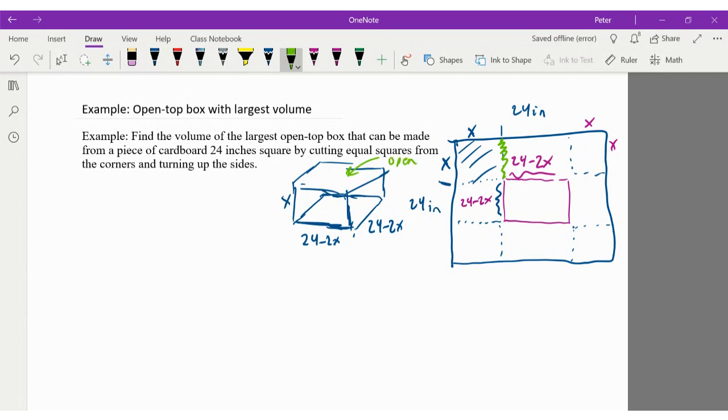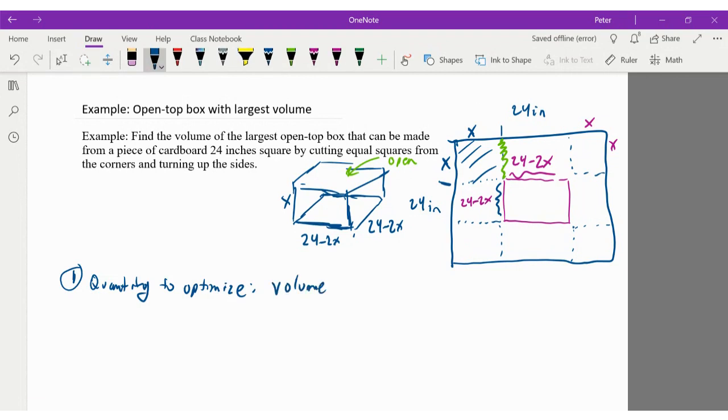So, all right. Now what we want to do is find the quantity to be optimized. And that's, of course, going to be the volume.